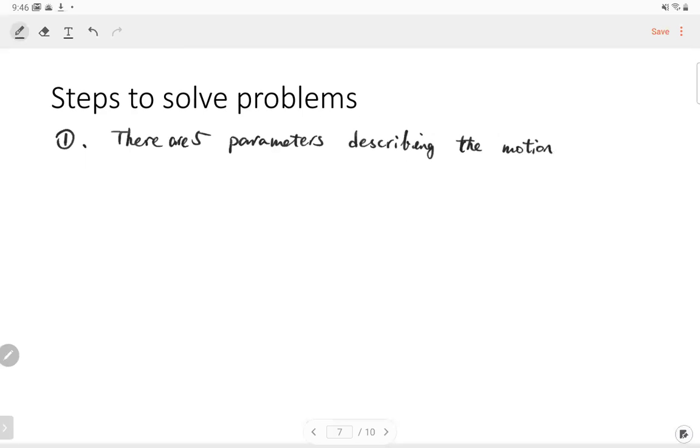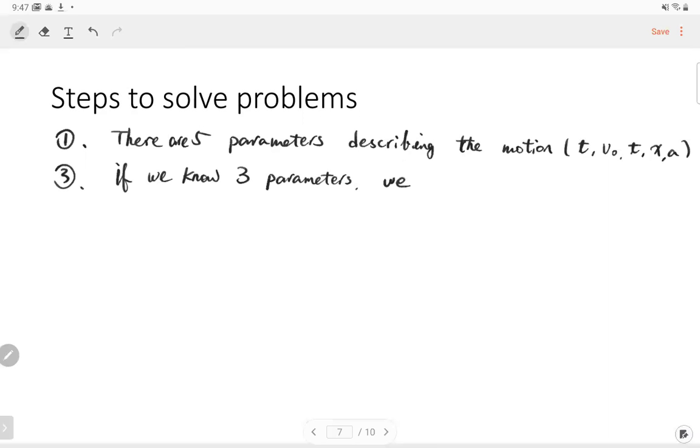If you still remember, that will be time, initial velocity, final velocity, displacement, and acceleration. There are 5 parameters. And if we know 3 of them, we can solve the rest of 2.